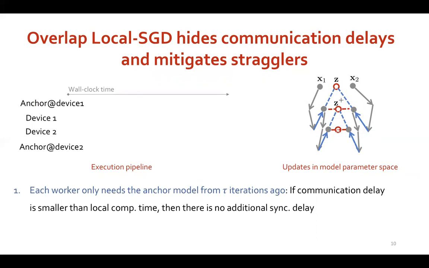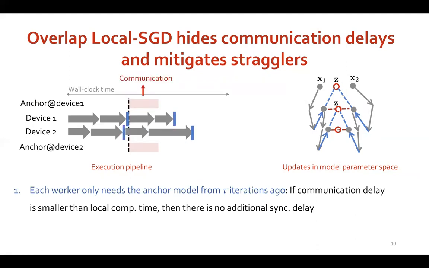So because of this, the anchor can be updated while a worker is doing the next round of local updates. And we observe that in this picture, each worker can do its local updates and pull back its model towards its anchor. That pullback is shown in blue. And while it is doing the next round of local updates, the communication, which averages these anchors, can happen in parallel. So this is one method of reducing delay.